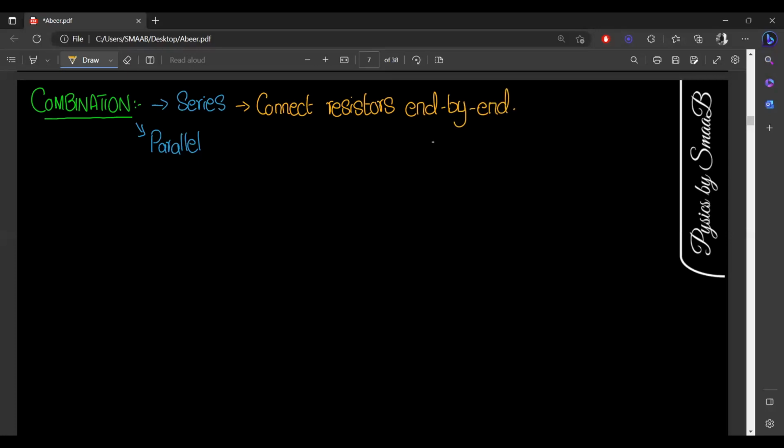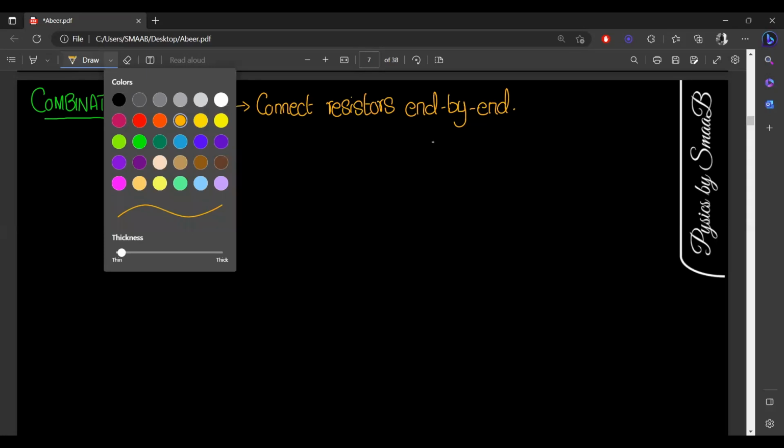We already discussed the concept that we need to connect one end of one resistor to the second end of the second resistor, then the second end of the second resistor is connected with the first end of the third resistor and so on. So it will be like a series, one by one, one, two, three, four.